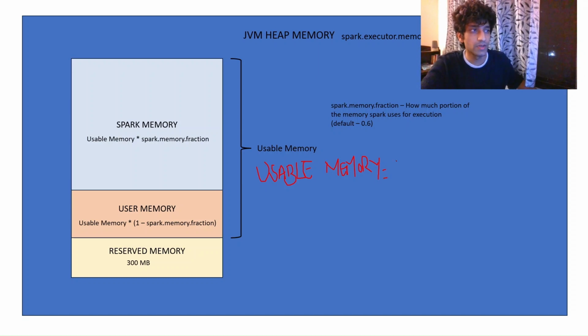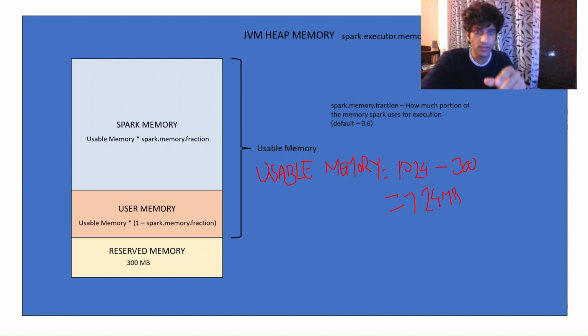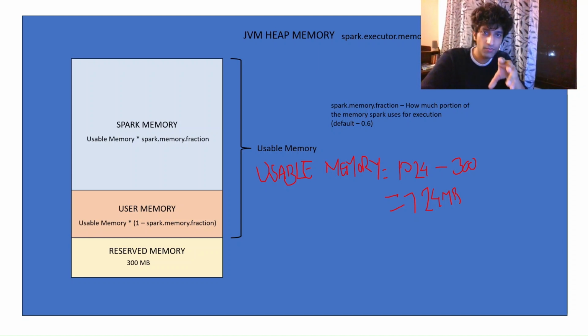So our heap memory is 1024 MB minus 300 MB, which is reserved, which comes out to be 724 MB. So our usable memory is 724 MB.